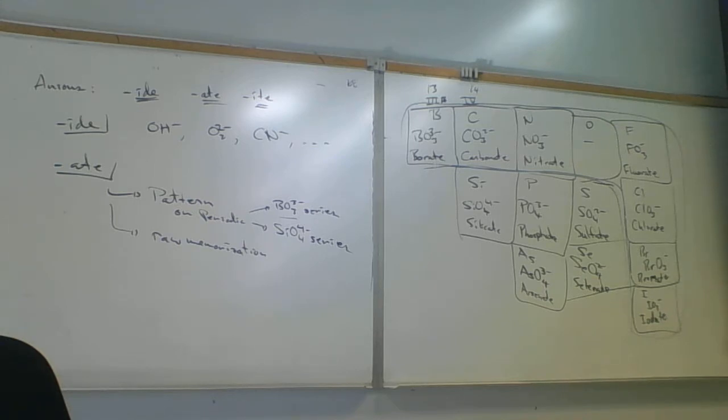You have C2O4 2 minus. This is a carbon. C2O4 2 minus is called oxalate. Oxalate. MnO4 minus 1. MnO4 minus is called permanganate.